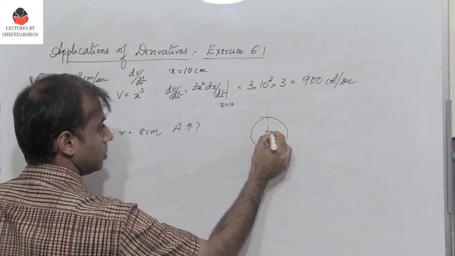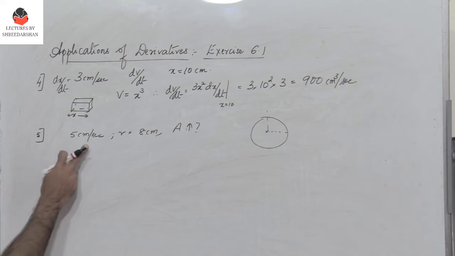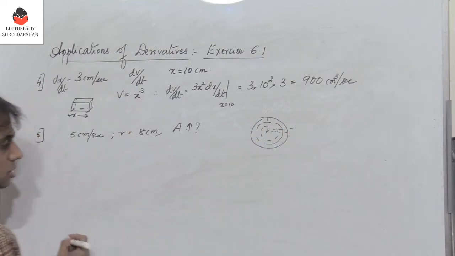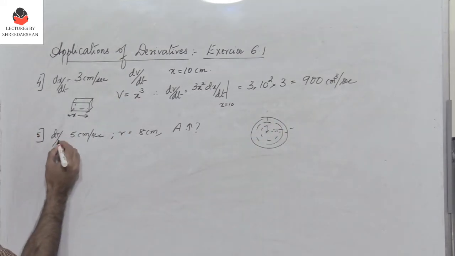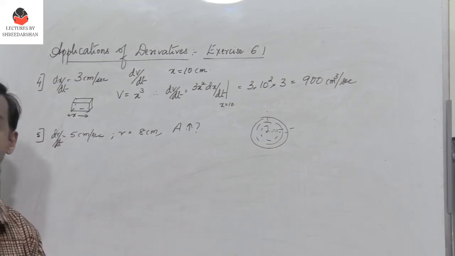So when a stone is dropped, the waves move circularly, and it's been given that the waves move at the rate of 5 centimeter per second. So when the waves are moving, it basically means the radius is increasing. So dr by dt is 5 centimeter per second, and I need to find the rate of increase of area. So this actually becomes a problem of a circle.